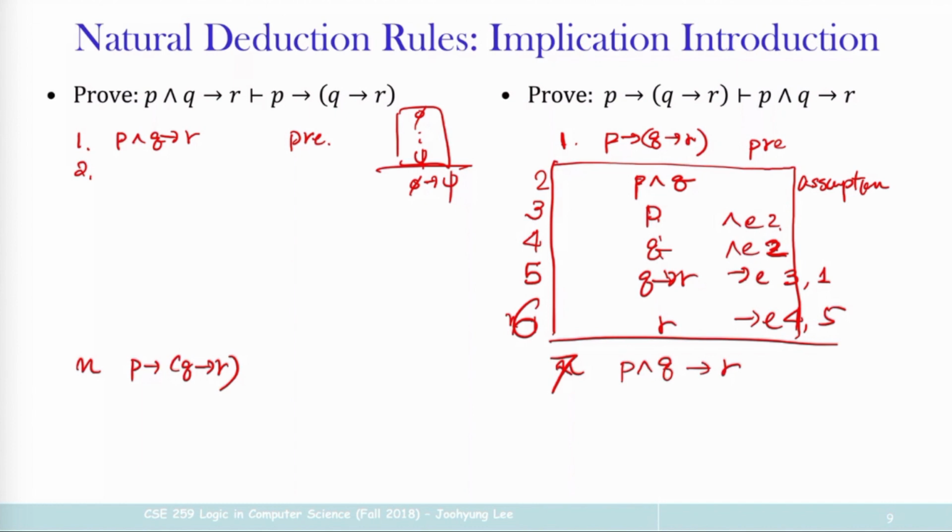But those other assumptions do not help me because I cannot use the implication introduction rule to derive the last line. So look at the last line. The last line 7 has P and Q implies R. The only assumption that I can think of at this point is P and Q to be assumed. And if we can derive R, then we can say P and Q implies R is true.